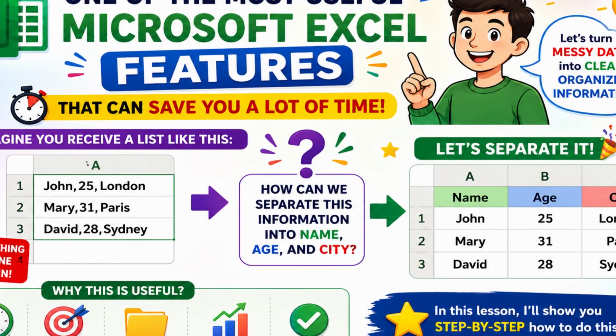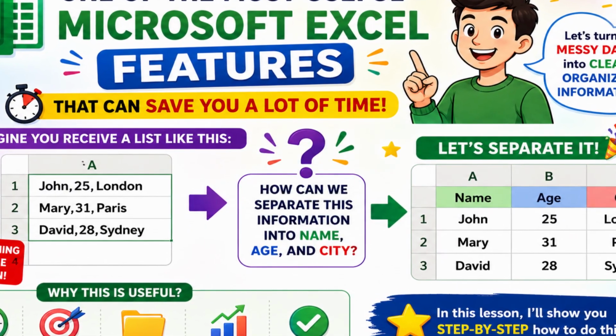Everything is in one column. How can we separate this information into name, age, and city? Let's see how we can split text using delimiters or the Text to Columns feature.